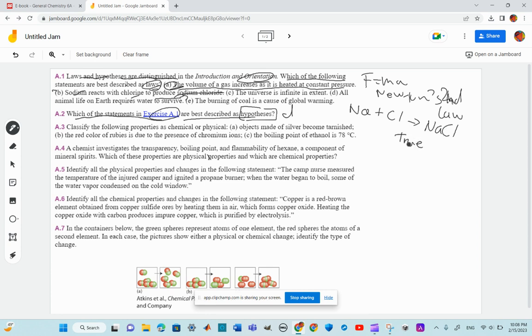So, I mean, it's not really a good hypothesis, but why this is not a law is due to it not, first of all, being numerical, and second of all, you can leave out Na and Cl plus, or was it plus or minus? I think it's minus here, right? We can double check that later.